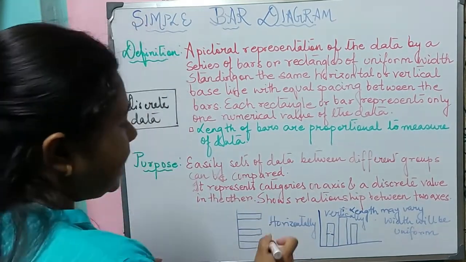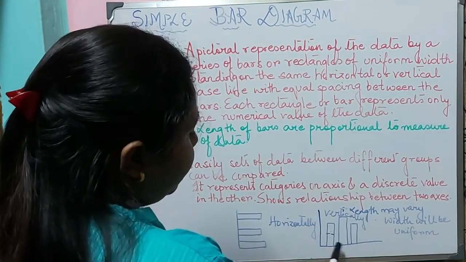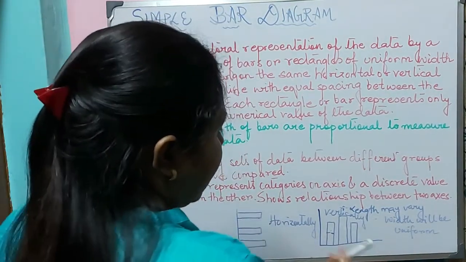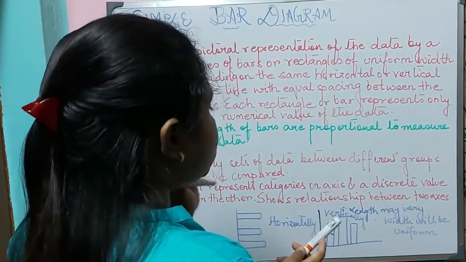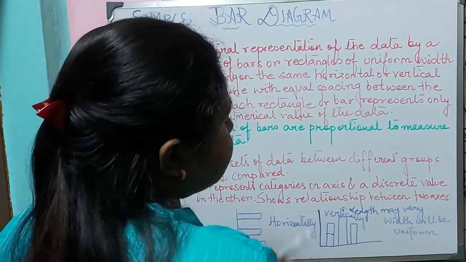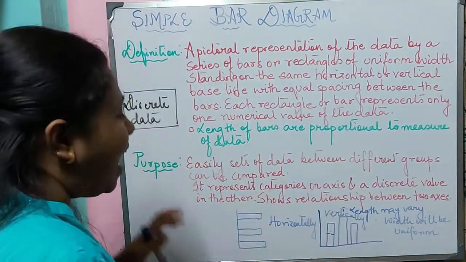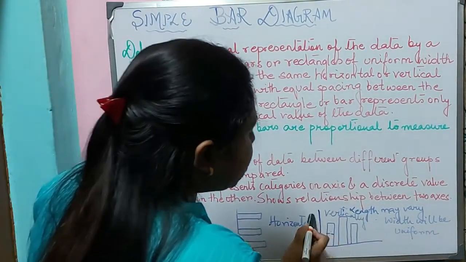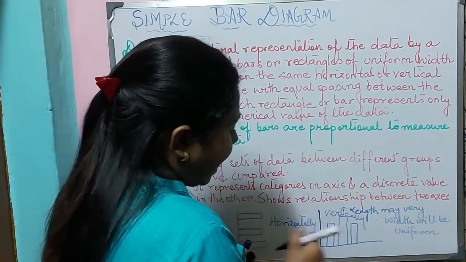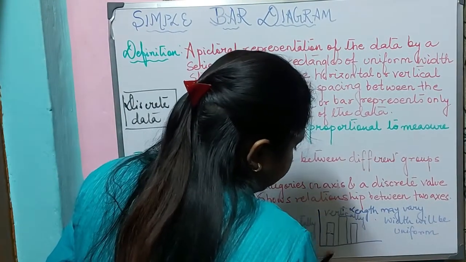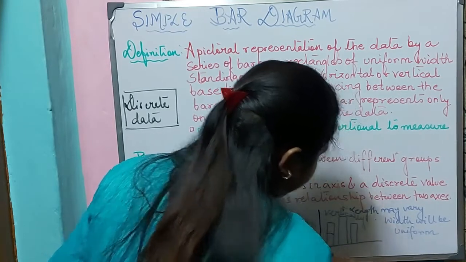Also, we can see that in the bar diagram, there are two axes. In one axis, we are showing the categories. In another axis, we are showing the discrete value. So it shows a relationship between these two axes. That means, suppose it is for a month, January.